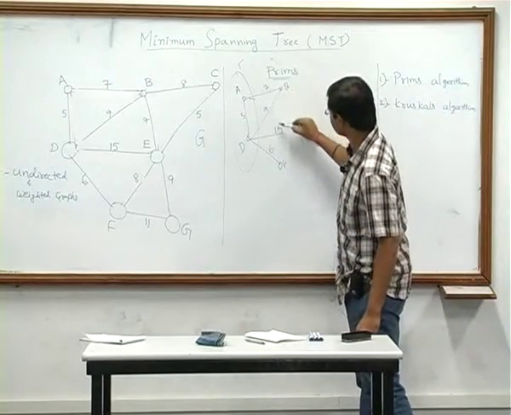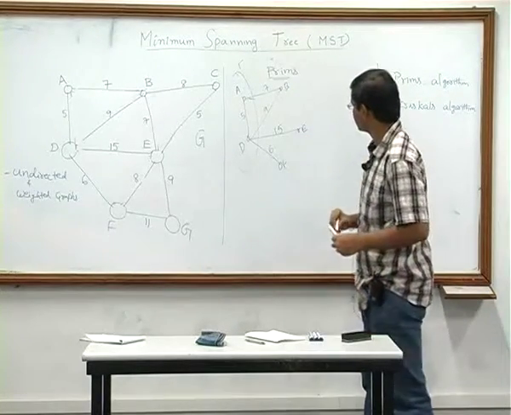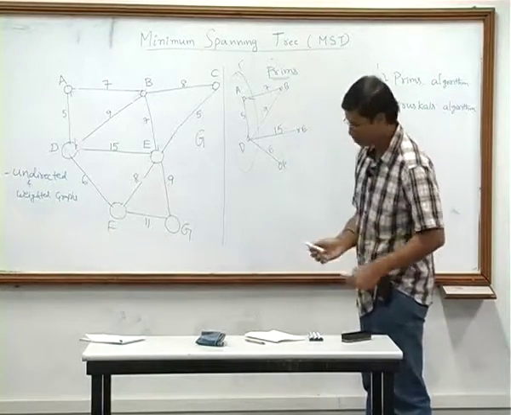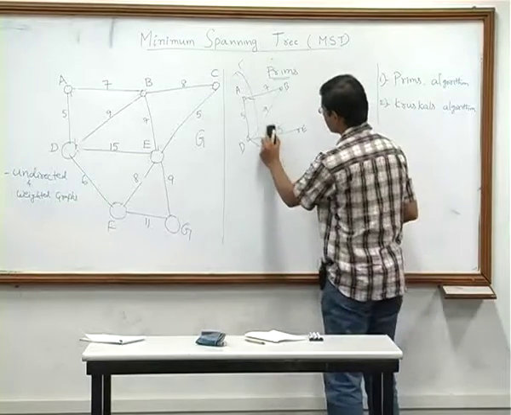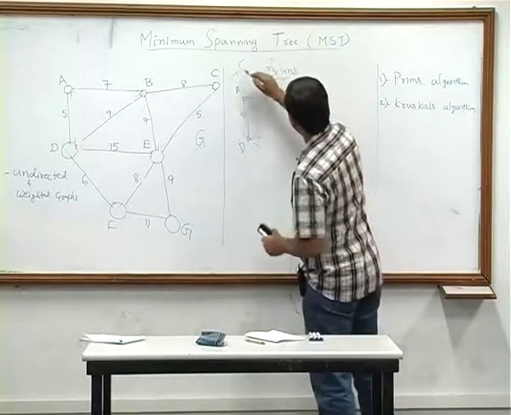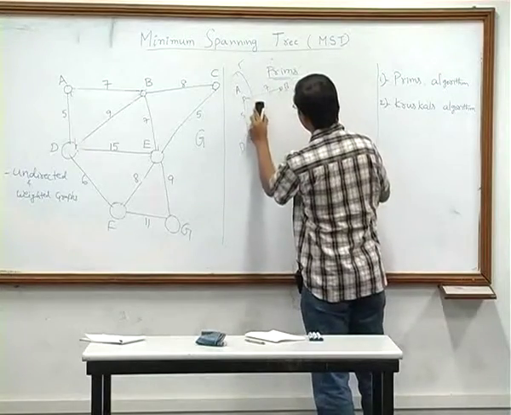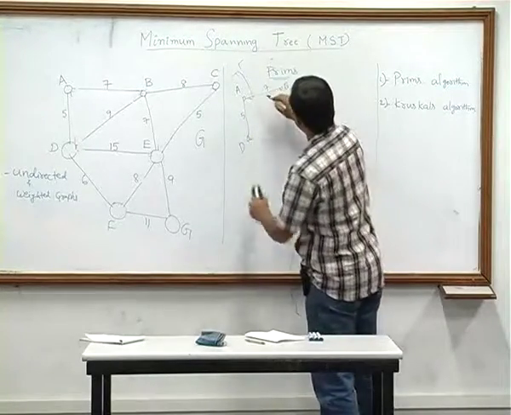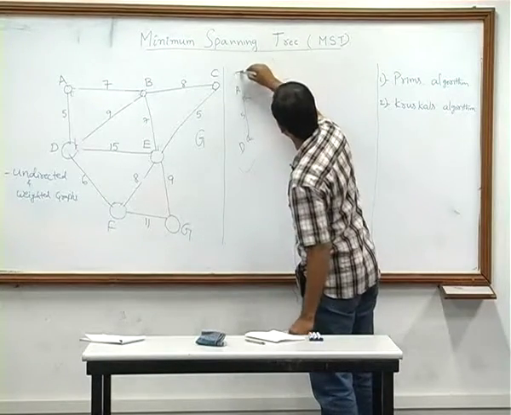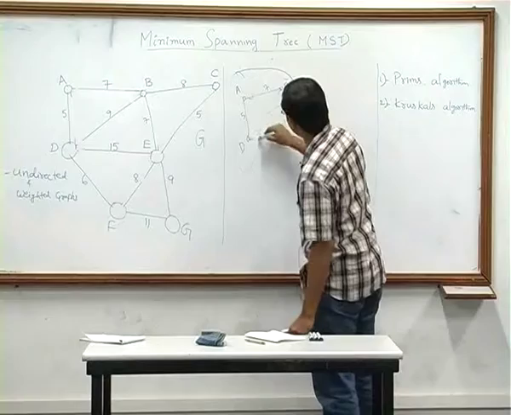Among all these edges, we just pick the one with the minimum weight. In this case, it is 7. So we just take that vertex and expand our tree which is being formed.